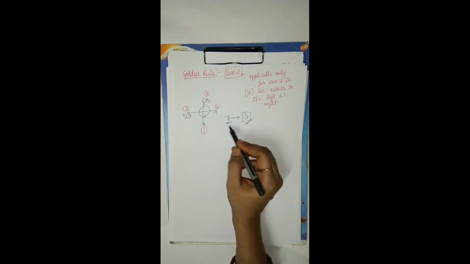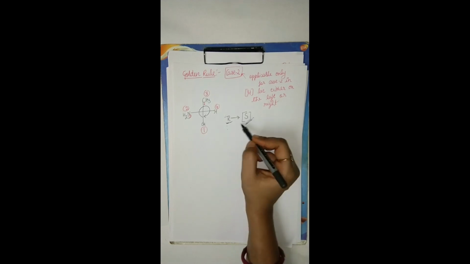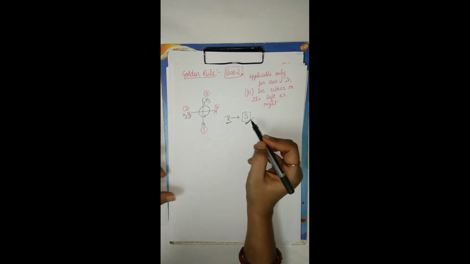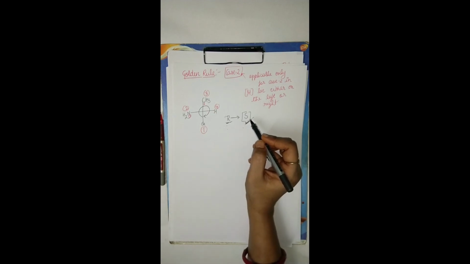If it is R, it is converted into S. If it is S, it is converted into R. This is the inversion of configuration, we can say. This is the golden rule, a very good short trick for case 2 compounds if you don't want to interchange the groups.